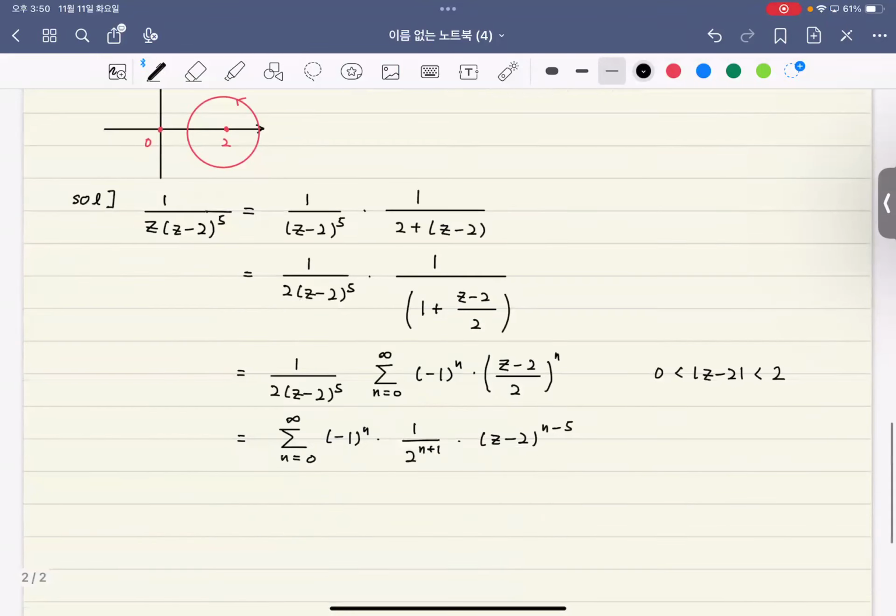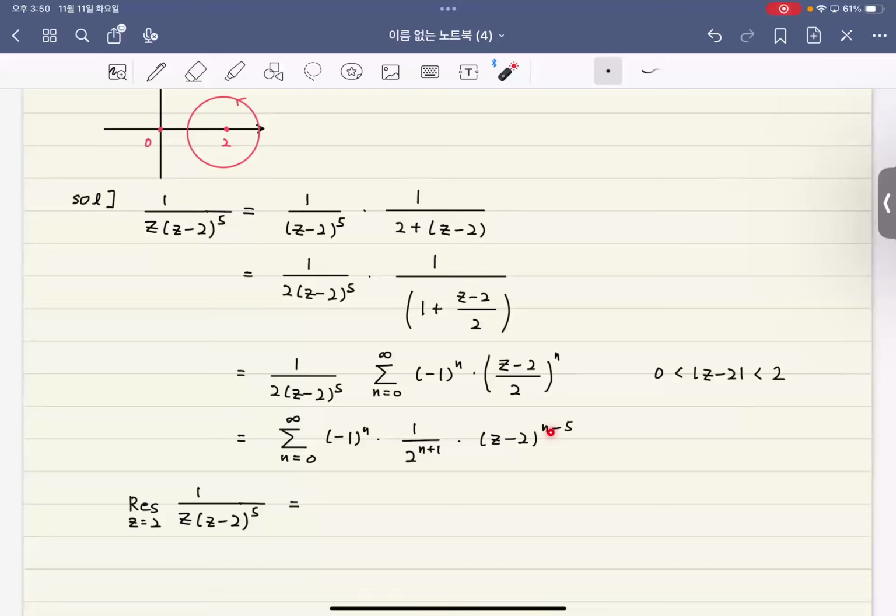Okay, so now, what do you think is my residue over here? I get the residue when n equals 4, I think.